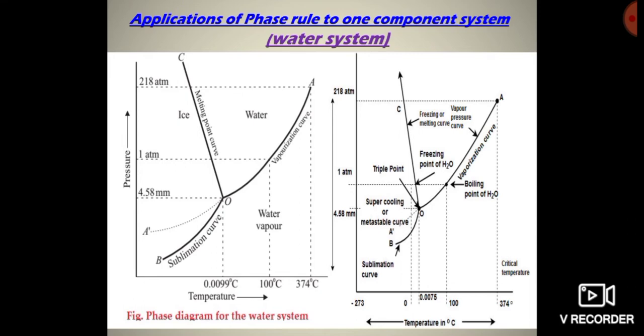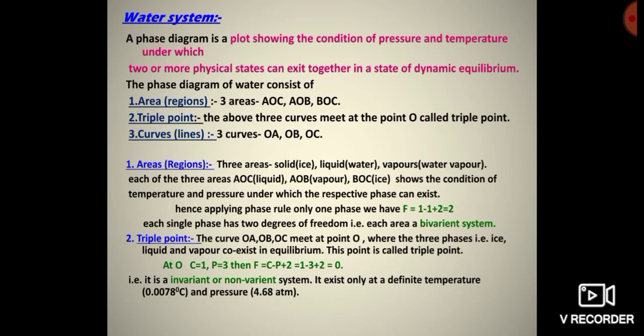Each area shows the conditions of temperature and pressure under which the respective phase can exist. Hence, applying the phase rule, with only one phase, F = C - P + 2 = 1 - 1 + 2 = 2. Hence, each single phase has 2 degrees of freedom, that is, each area is a bivariant system.